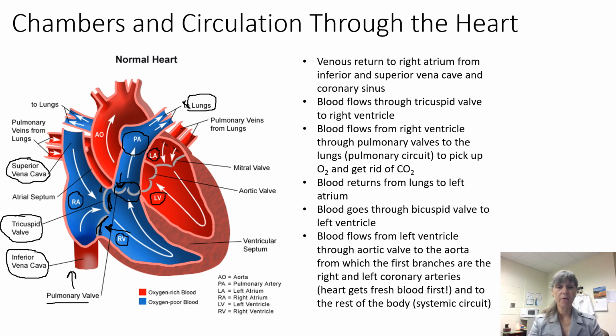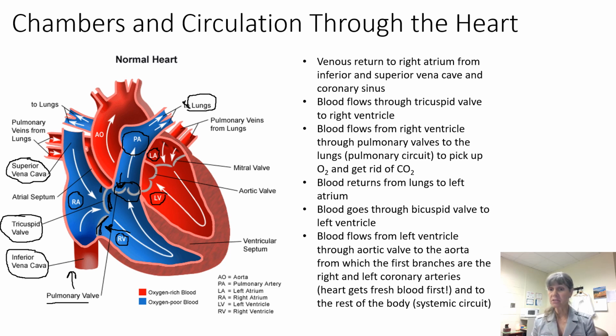So now we've got oxygen poor blood going through arteries, which is why they're blue, to the lungs, and oxygen poor blood has a higher concentration of carbon dioxide.